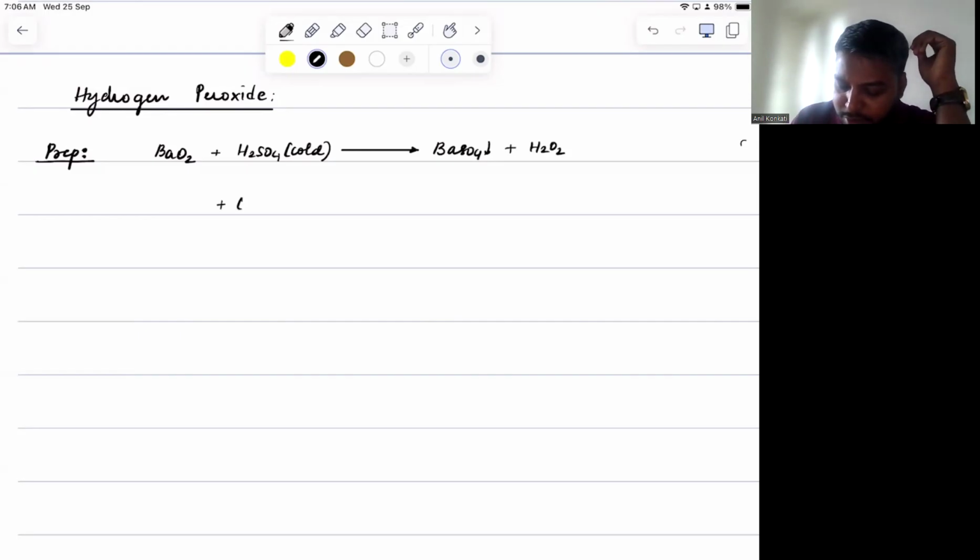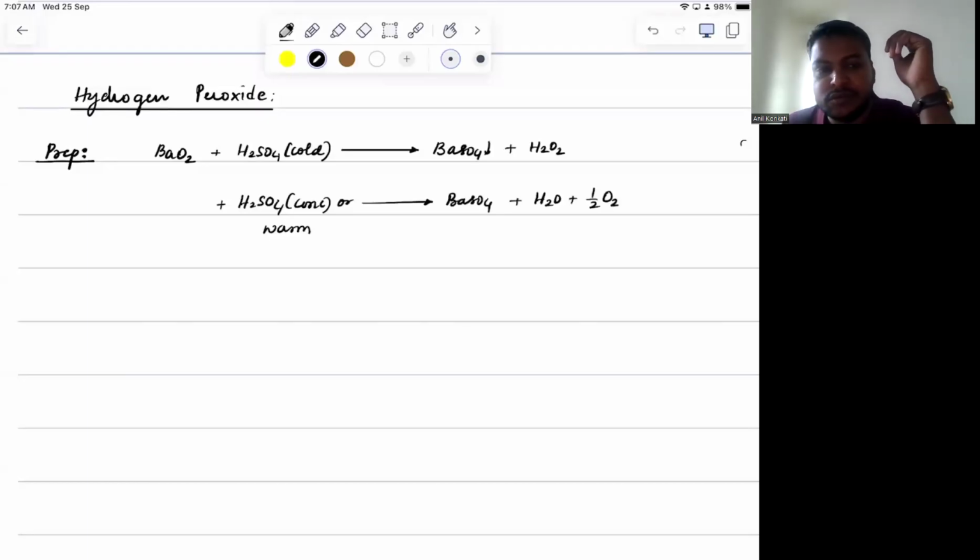While if you take H2SO4 in a concentrated amount, or even if it is warm, it will become BaSO4, but at the same time, the peroxide will undergo decomposition. So H2 plus half O2. So separating it as a peroxide becomes challenging.